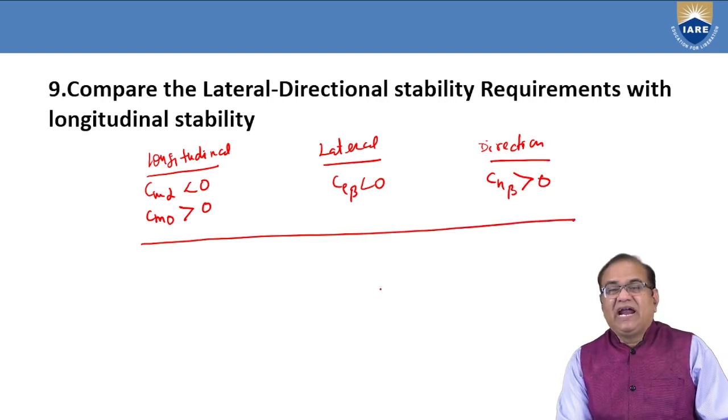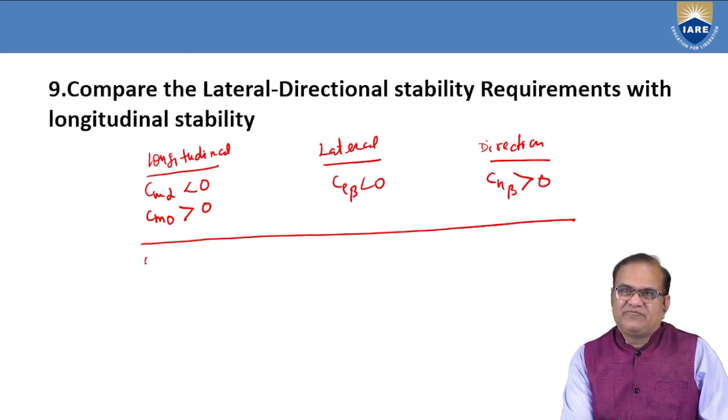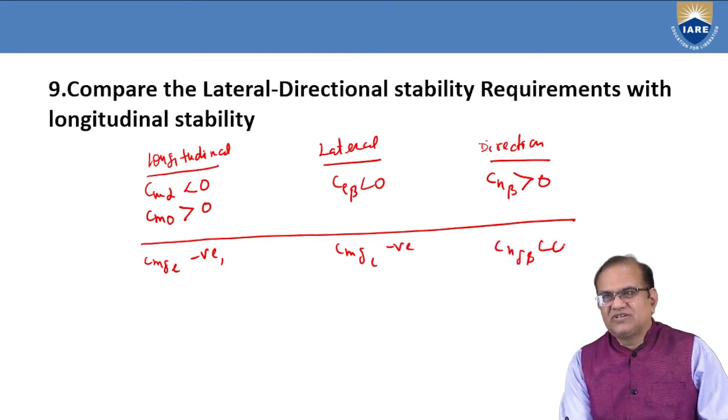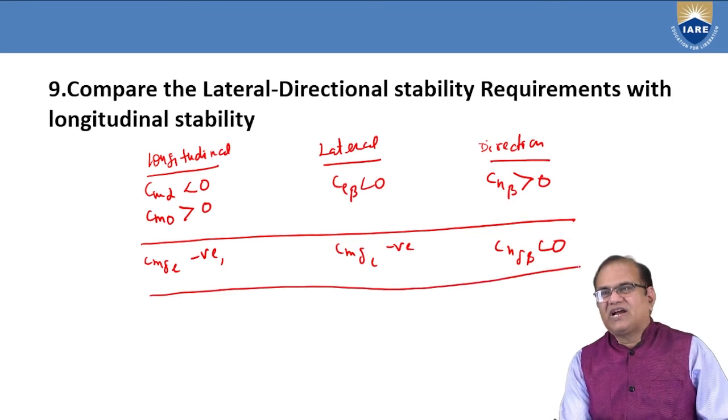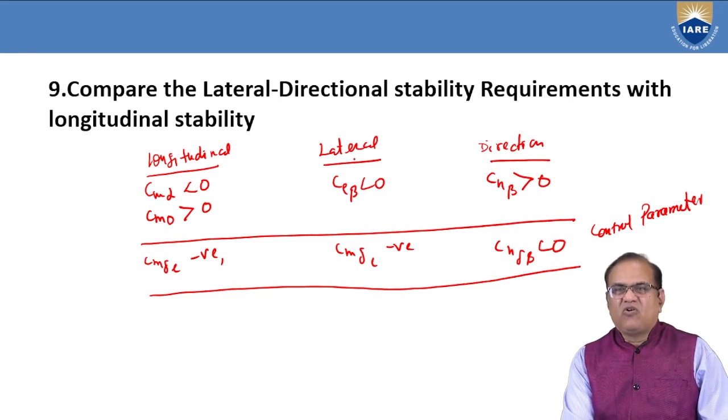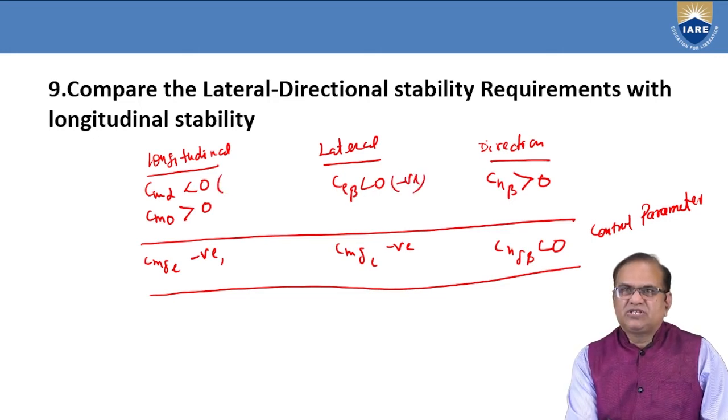So this is the stability condition. If you see the trim condition, Cm delta E should be negative, Cl delta should be negative, and Cn delta also negative. All should be negative. This is the control parameter. So if we compare the longitudinal and lateral, the variation of the coefficient of pitching moment Cm and the coefficient of rolling moment should be less than 0, or negative.